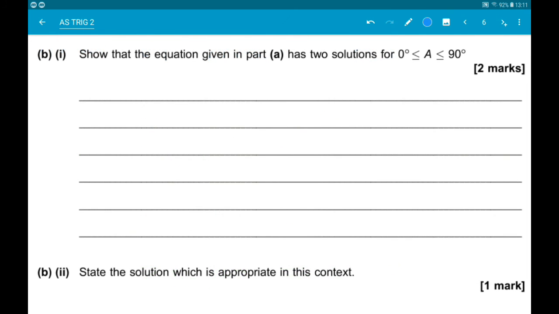Given part B wants us to show the equation has two solutions for A between 0 and 90 degrees. Okay, so we had tan A is equal to 2 sine A. So first up, get everything on the same side. So tan A minus 2 sine A is equal to 0.